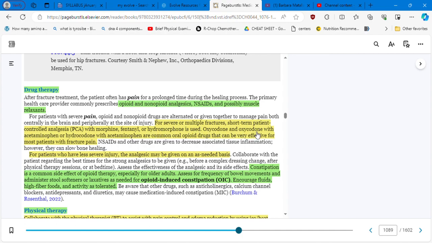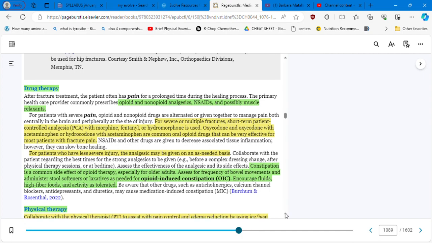Oxycodone, oxycodone with acetaminophen, or hydrocodone with acetaminophen are common oral opioid drugs that can be very effective for most patients with fracture pain. For patients who have less severe injury, the analgesic may be given on an as-needed basis, PRN, right?